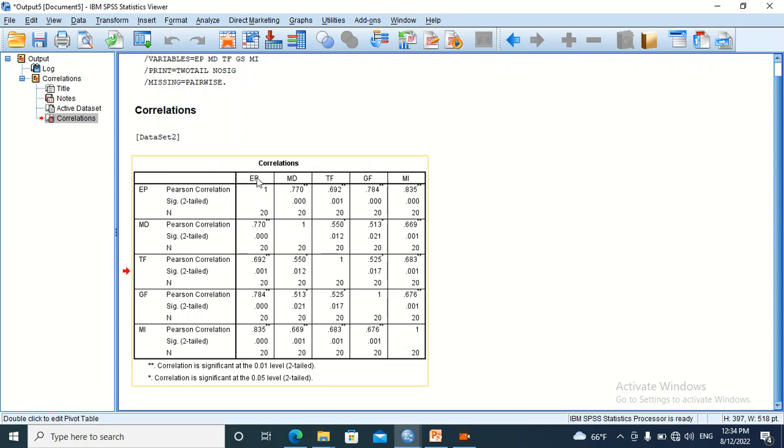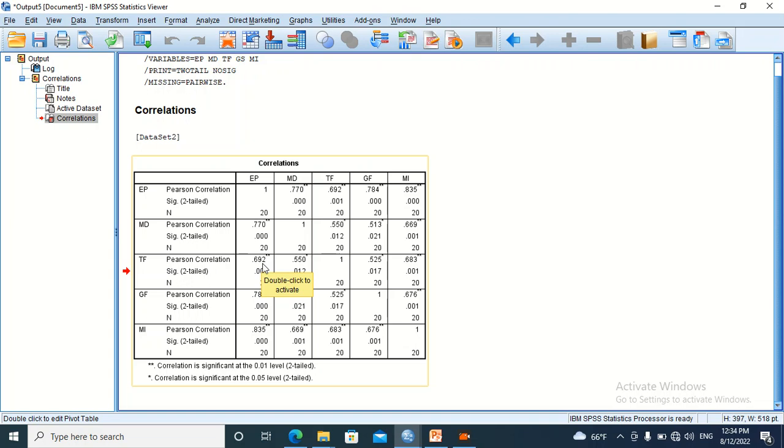Okay, EP to MED is correlated. This is a very strong correlation, 0.770. And EP to TF, 0.692, is a strong correlation.